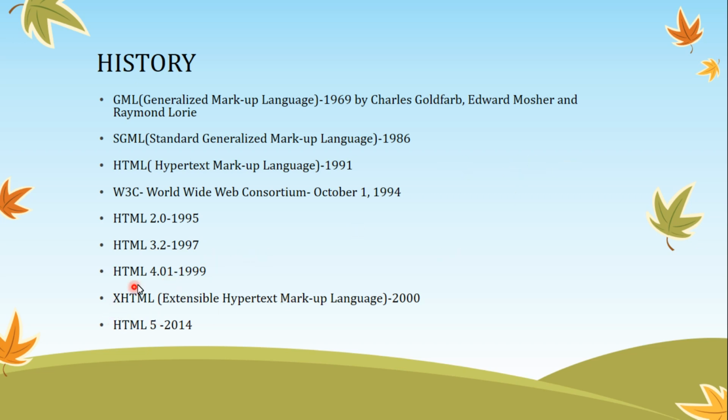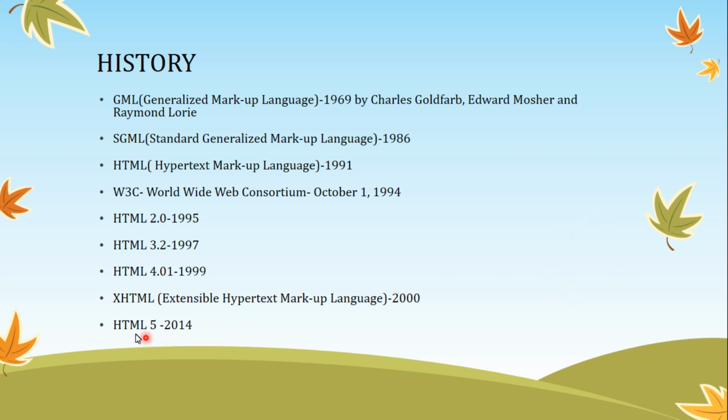After that, HTML segregated into two parts. One is XHTML, another one is XML. XML is extensible markup language. It is mostly used in Android nowadays. But XHTML had some coding abilities. HTML only designs, it doesn't have any coding properties.